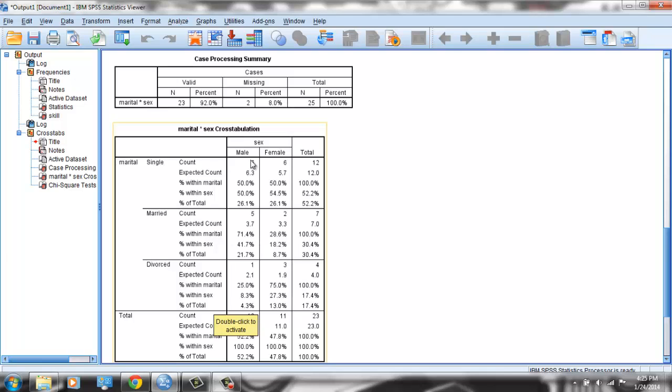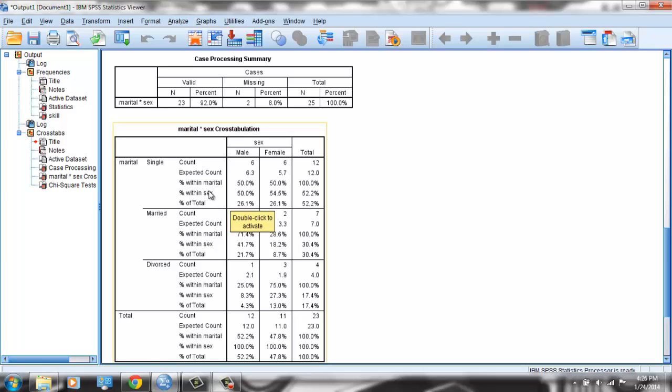What percentage of men are married? 41.7. So that's how you read these crosstab tables. It's a little complicated, but you have to stop and ask yourself. Now the expected count, that's just to figure out if you should pay attention to the chi-square results. In this case, you probably shouldn't. But the key to understanding these is to actually read this percent within and understand what it means.